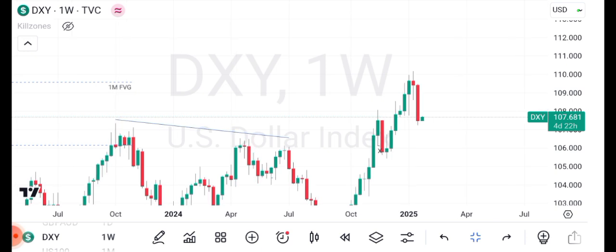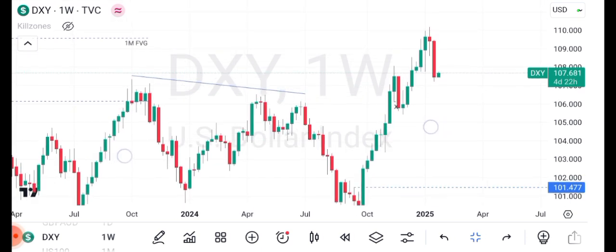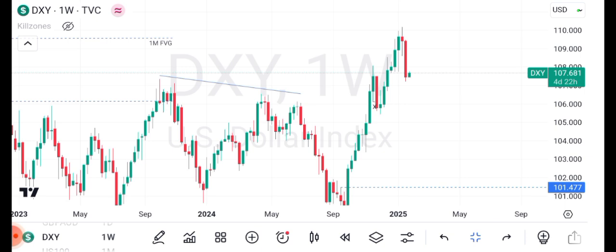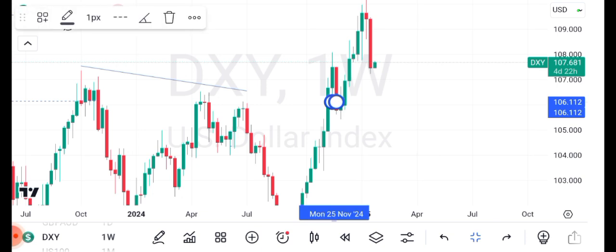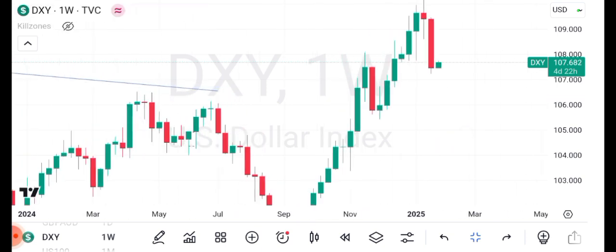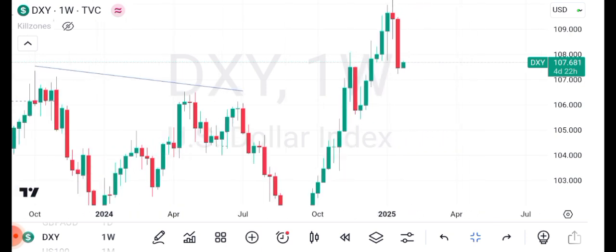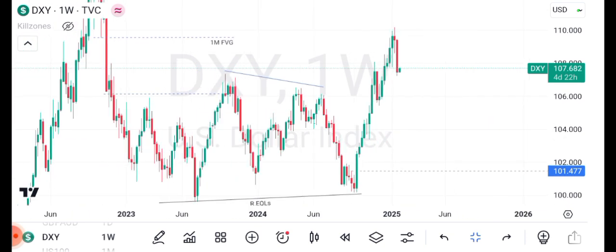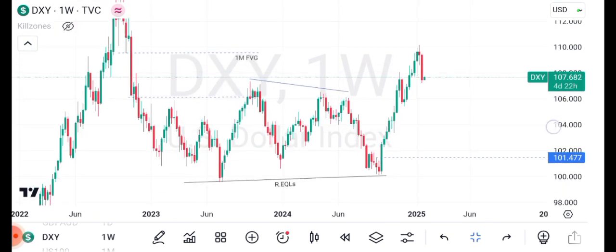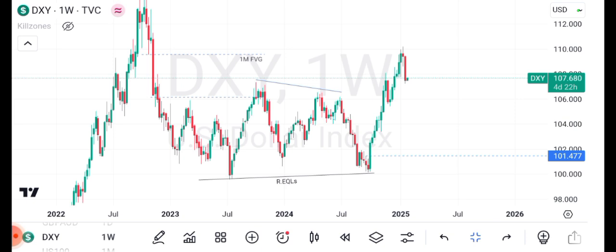Now, the essence of knowing your direction on the US dollar index is that it gives you better chances of engaging every other pair that is paired against the US dollar, like the EUR/USD, GBP/USD, USD/JPY, and what have you. With a clear directional bias on your dollar index, you can conveniently trade every other pair that is paired against the US dollar.